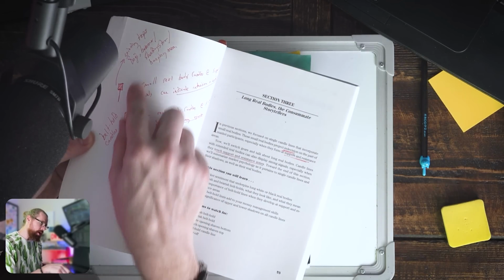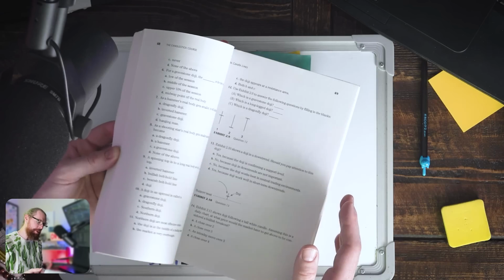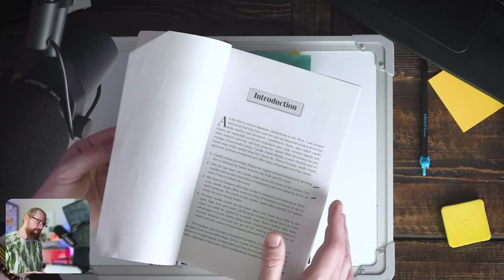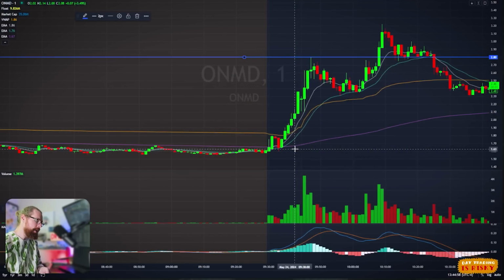I took these little notes, and this helped me better understand the individual candlesticks, because ultimately you have to be able to read the language. This is a visual language. Maybe in the future they'll say, oh, these are like hieroglyphs, and we learn to read it. As a beginner, you just may not understand the language yet, and that's okay. You just have to stick with it and keep studying.